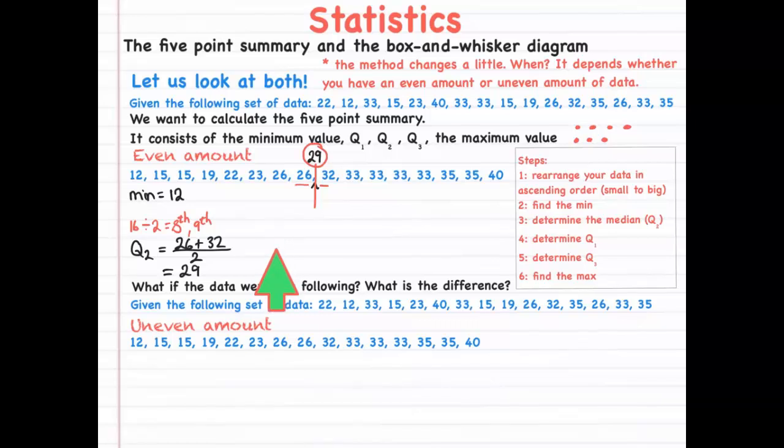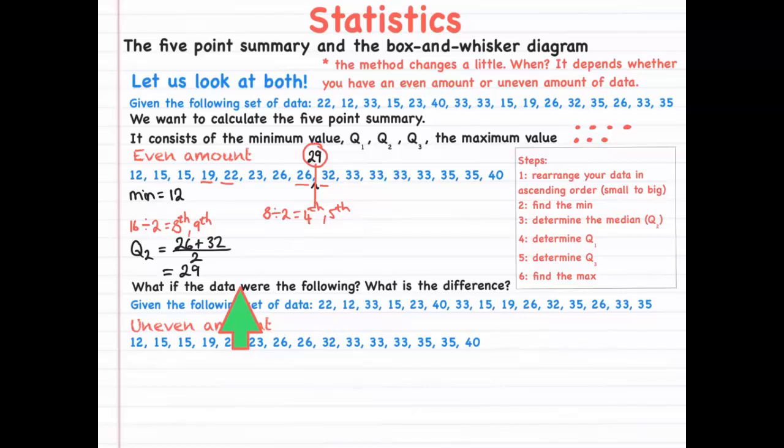Okay, so because it is 8, we simply say 8 divided by 2, that gives us 4, and 8 is an even amount. So we look at the fourth and the fifth number in our data set, and that will be 1, 2, 3, 4, and I'll quickly underline that one as well. So that's the fourth one, that's the fifth one, and the lower quartile, the Q1, will be in the middle of those two.